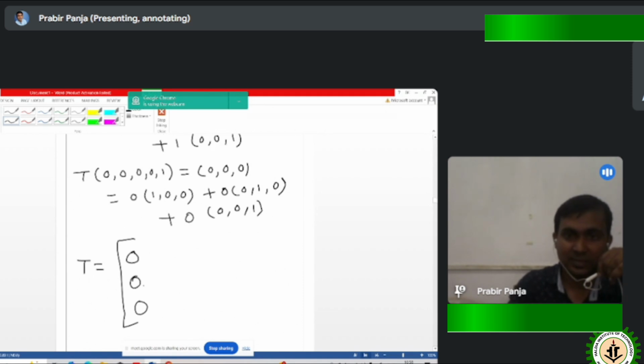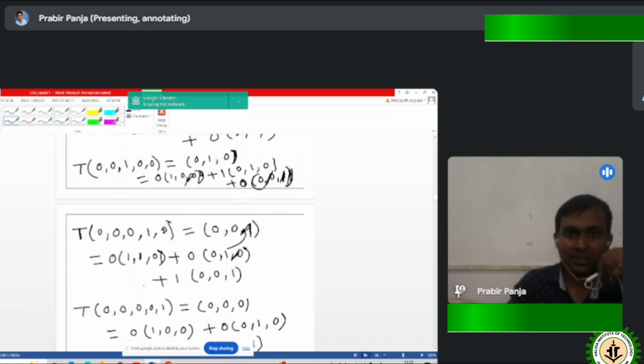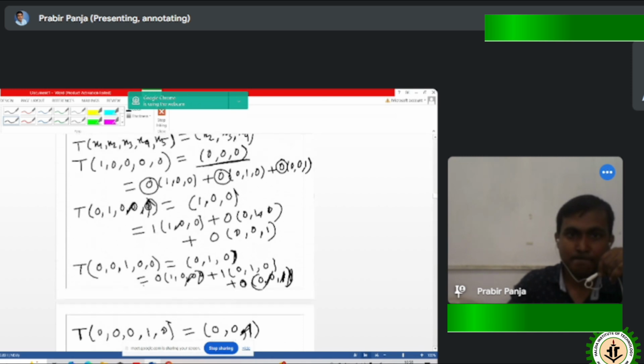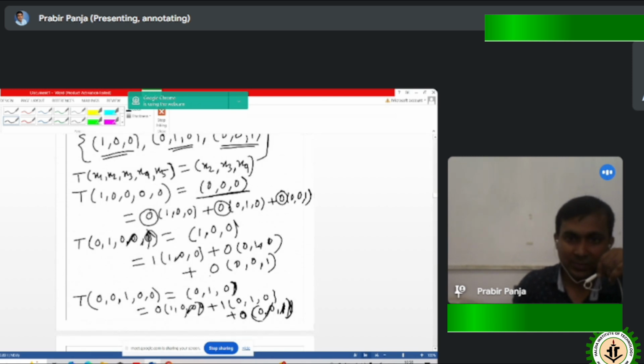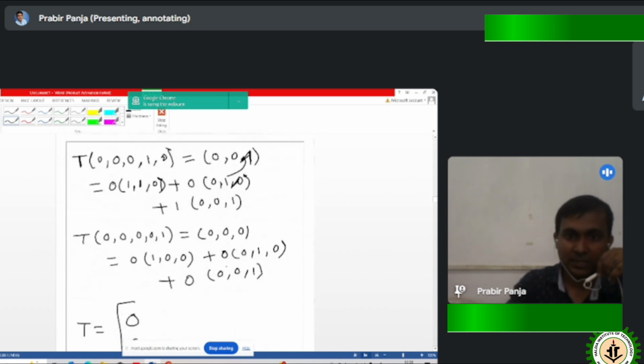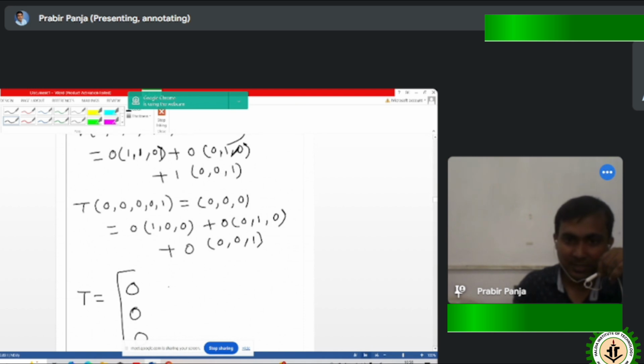From the second equation, the constants are 1 0 0, so within the matrix it will be 1 0 0.